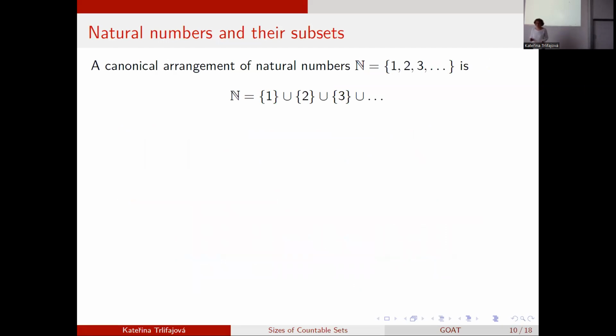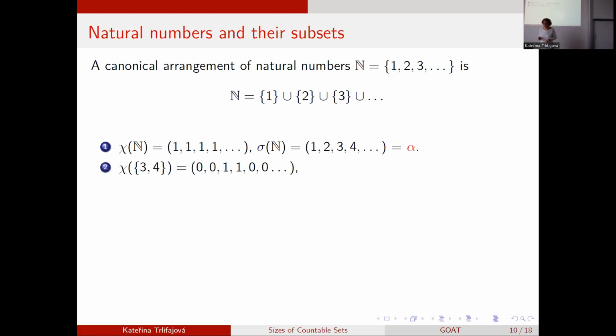We suppose that it is like this. Its characteristic sequence is all ones, its size sequence is 1, 2, 3, 4, etc. We can denote this sequence by alpha.